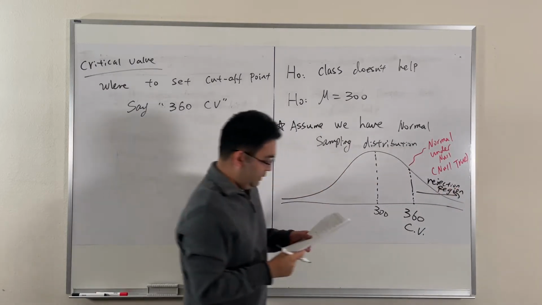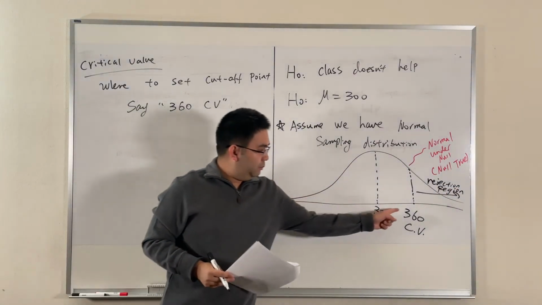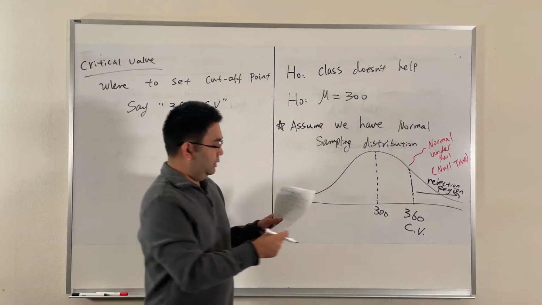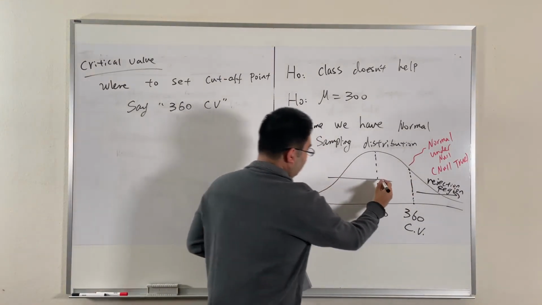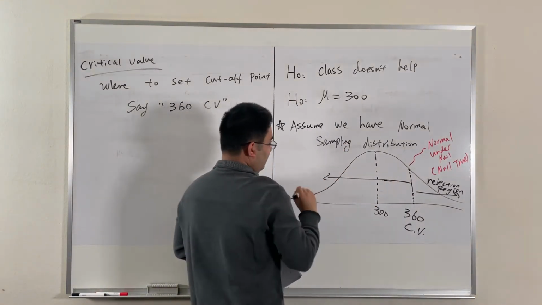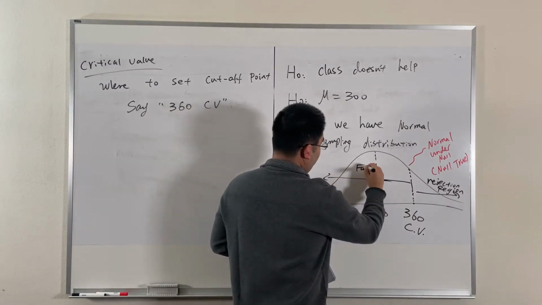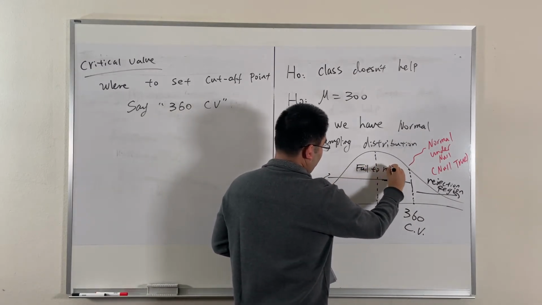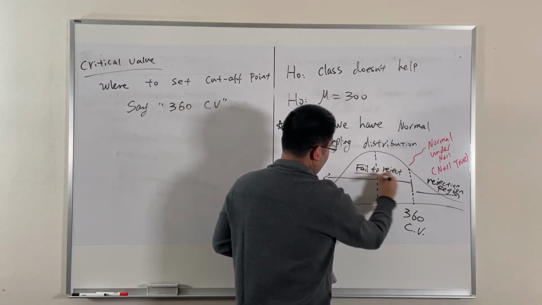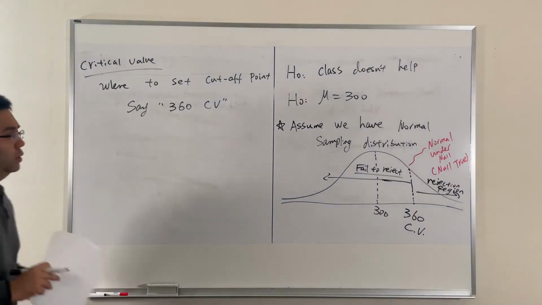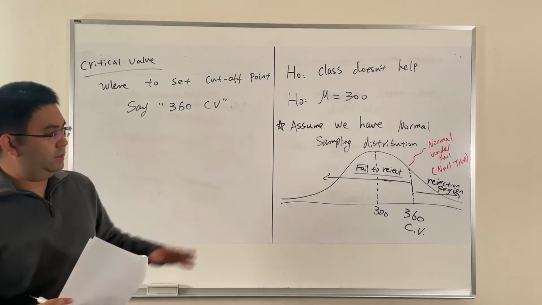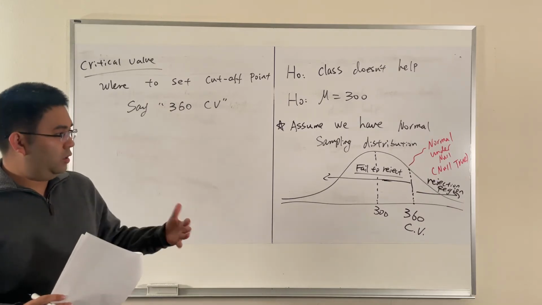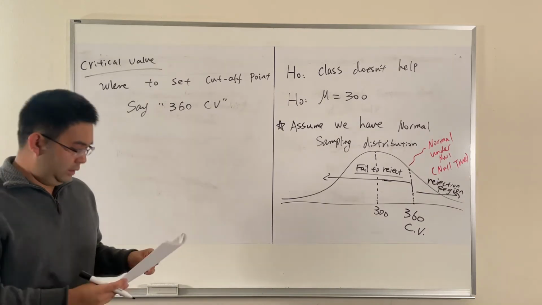Okay, and then anything below 360, anything lower than 360, like this, it's the fail to reject region. Okay, fail to reject region, right? So it all depends on the critical value, whether it passed 360, which means the higher, or lower than 360.